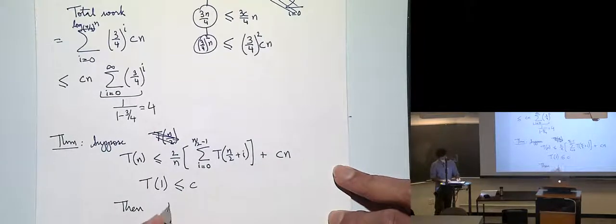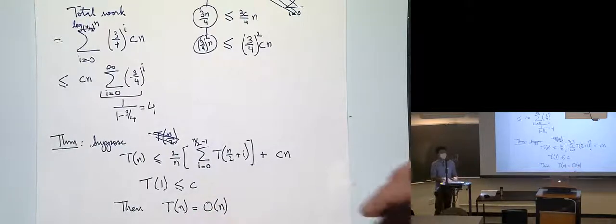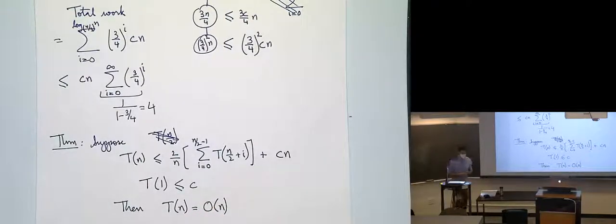Then t of n is O of n. And this turns out to be, once you know the right guess, actually a fairly simple argument. It's about 3 or 4 lines.